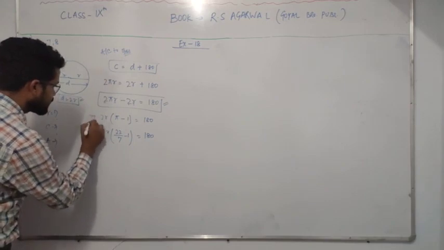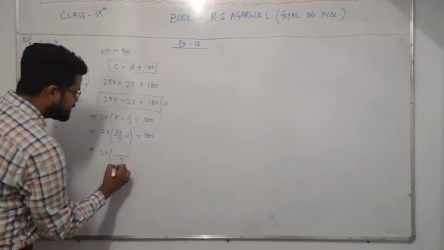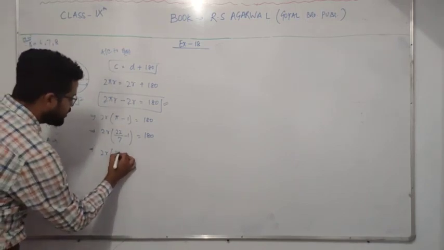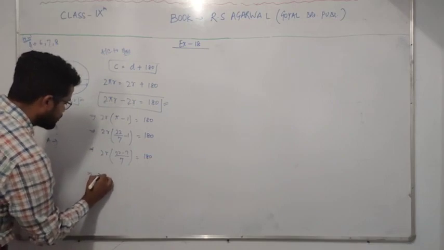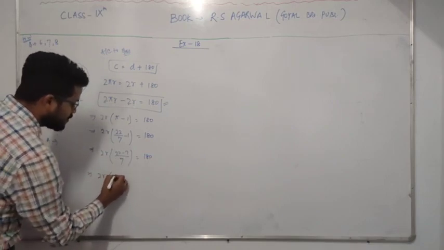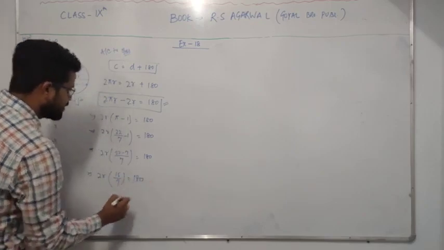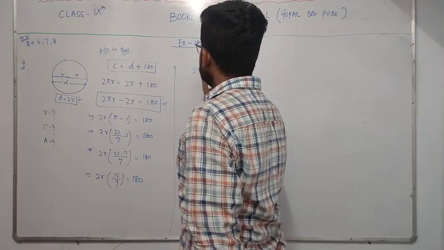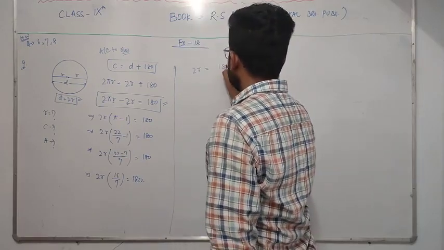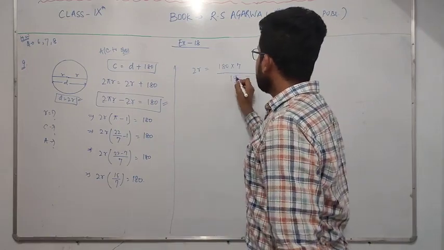So 2r, I take LCM as 7. So 22 minus 7 is 15 by 7 is equal to 180. Now 2r is equal to 180 into 7 upon 15.